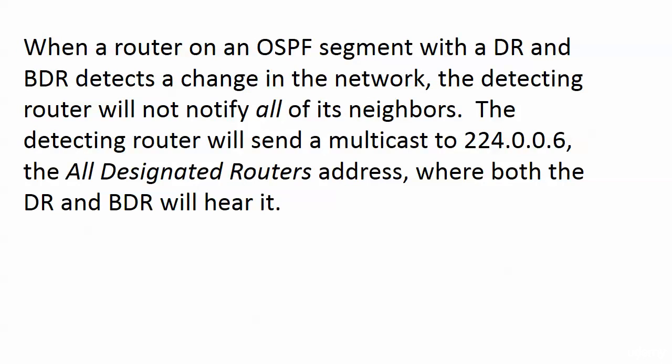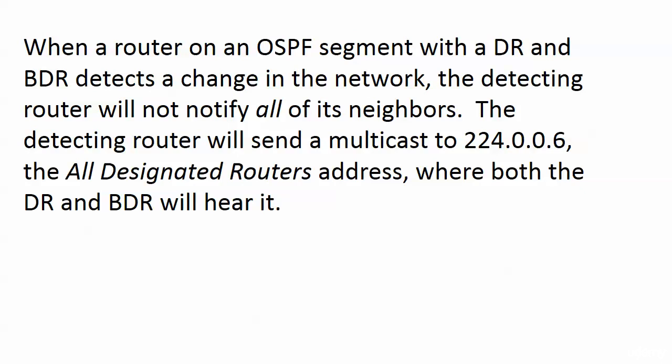Here's what happens. When a router on an OSPF segment that has both a DR and a BDR detects a change in the network, the detecting router does not notify all of its neighbors. It's not like RIP again, where you're just multicasting something out and hoping people get it. Instead, the detecting router sends a multicast to a different address than the hello address.